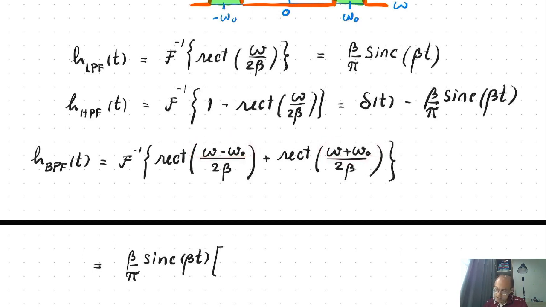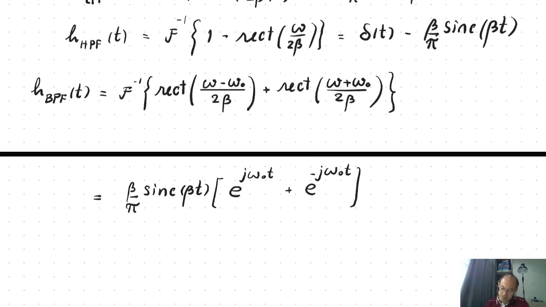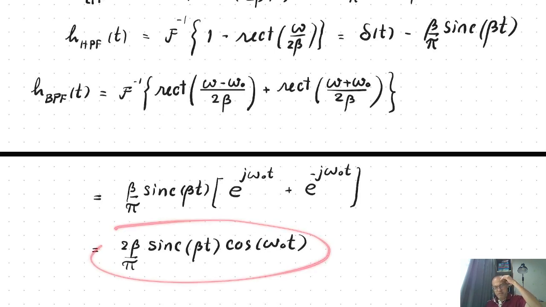So the inside is e to the j omega 0 t plus e to the minus j omega 0 t. Okay, and this is of course 2 cosine, right? So this is just 2 beta over pi sinc beta t times cosine of omega 0 t. So this is the impulse response of an ideal bandpass filter.